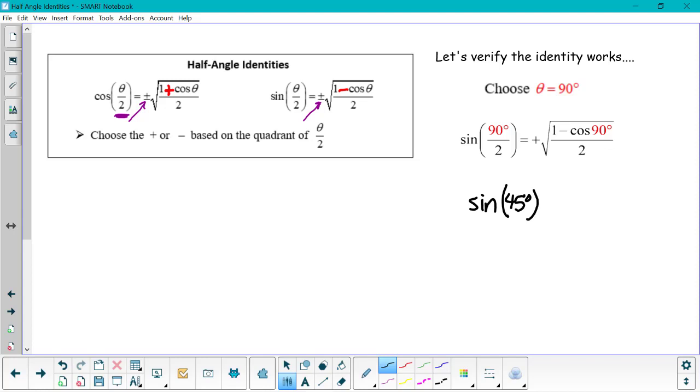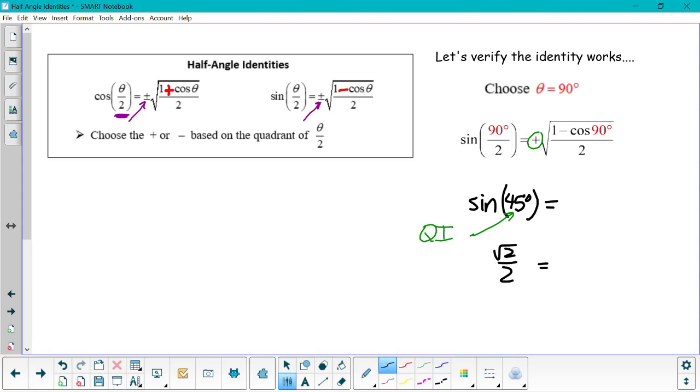And I know the sine of 45 is root 2 over 2. So if I use this identity, I should get root 2 over 2. And I know that 45 is in quadrant 1, which is why I've chosen the positive value for sine.